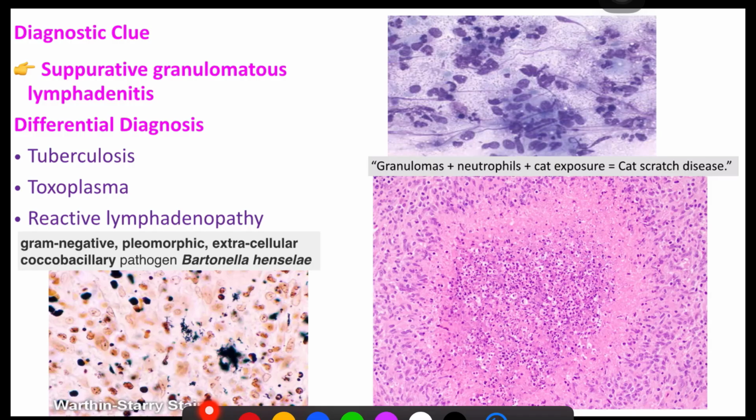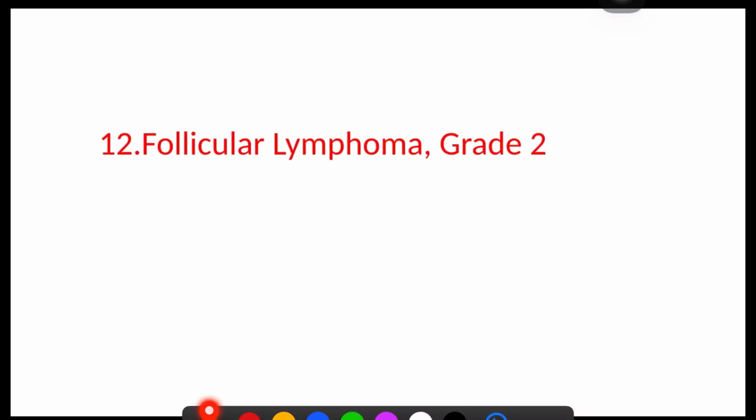Here this is a Warthin stain where we can find extracellular cocobacillary gram-negative bacteria, which is Bartonella henselae. Whenever you see granuloma, neutrophils and cat exposure, suspect cat scratch disease.